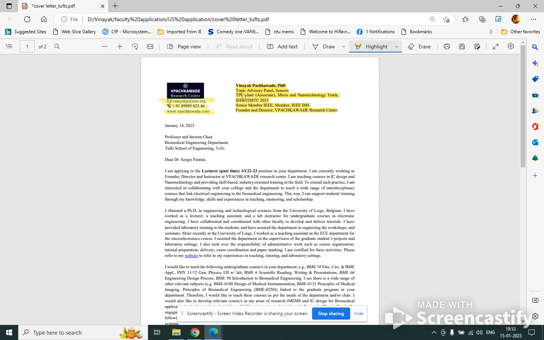You can also include here your top key achievements that you want to bring to the notice of the committee or the people who are going to read this cover letter. For example, you write your membership if you are a member of an international conference that is currently going on, so that you can include right here.